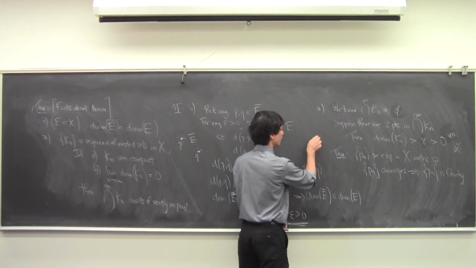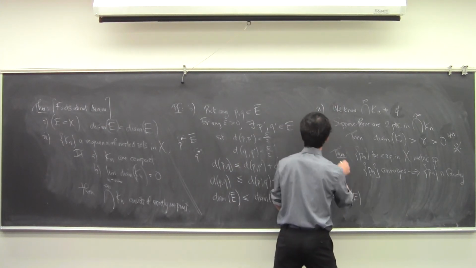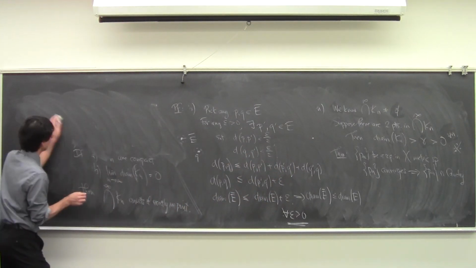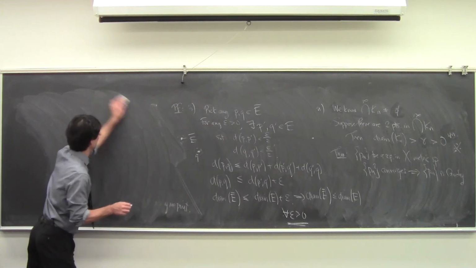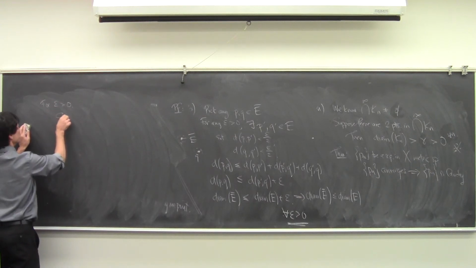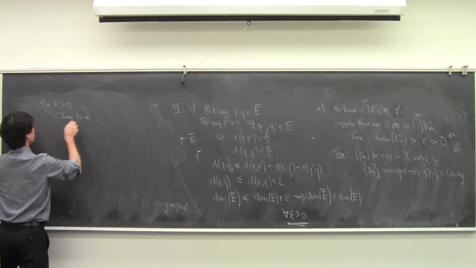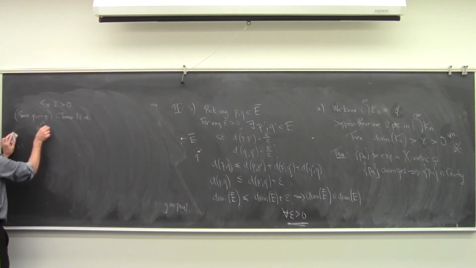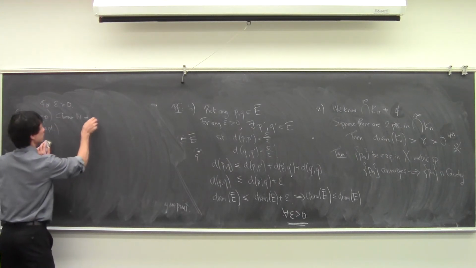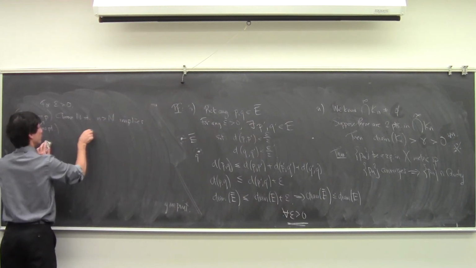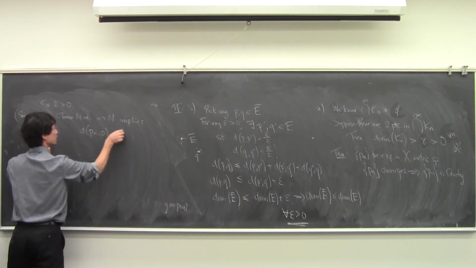Basically, but you're saying that you fix an epsilon, right, and then choose N such that, since Pn converges to some point P, n bigger than N implies that Pn's distance from P is smaller than epsilon.